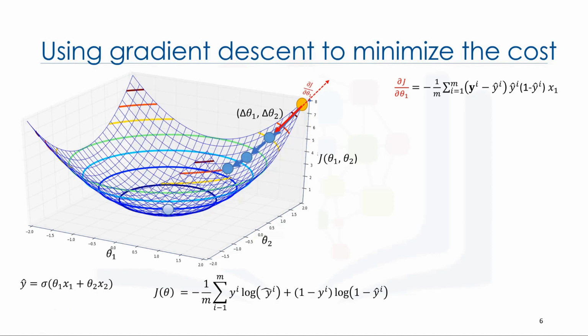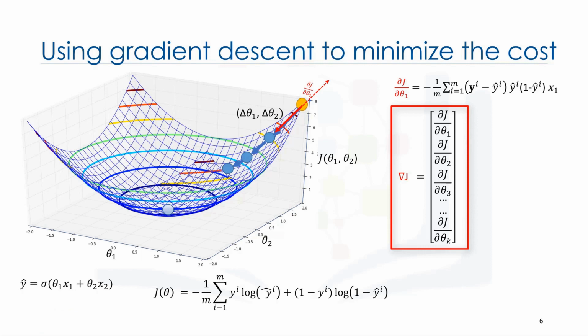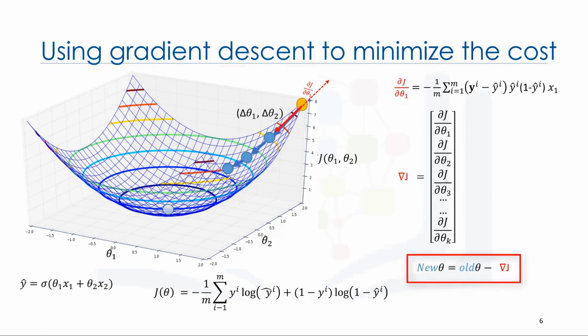So, in a nutshell, this equation returns the slope of that point, and we should update the parameter in the opposite direction of the slope. A vector of all these slopes is the gradient vector, and we can use this vector to change or update all the parameters. We take the previous values of the parameters and subtract the error derivative. This results in the new parameters for theta that we know will decrease the cost. Also, we multiply the gradient value by a constant value mu, which is called the learning rate.